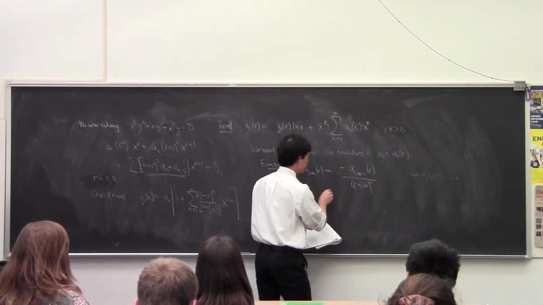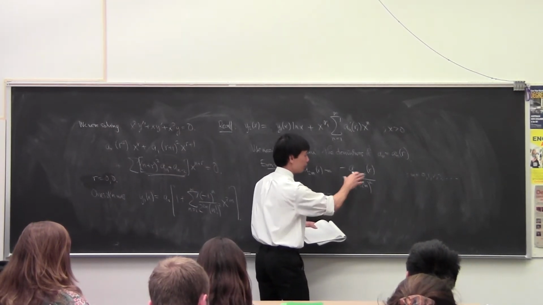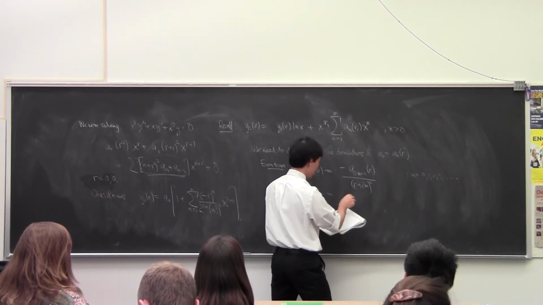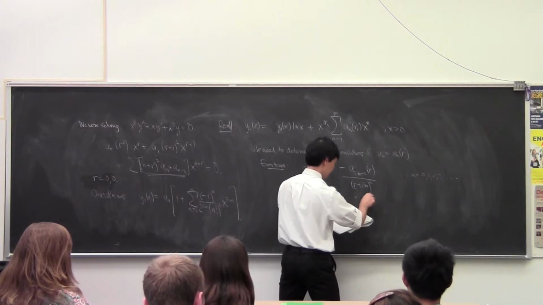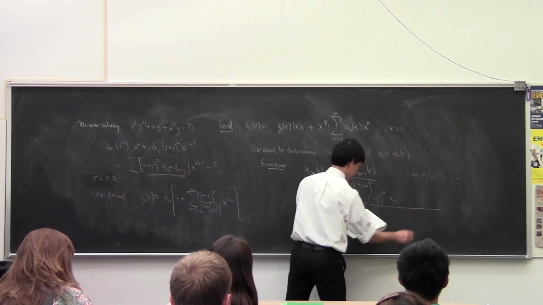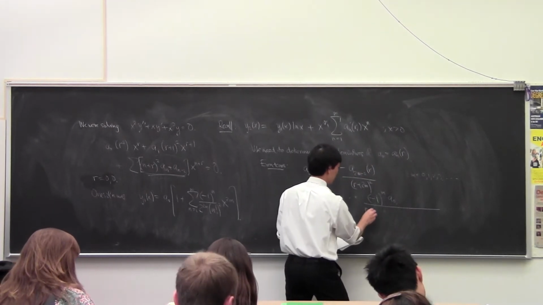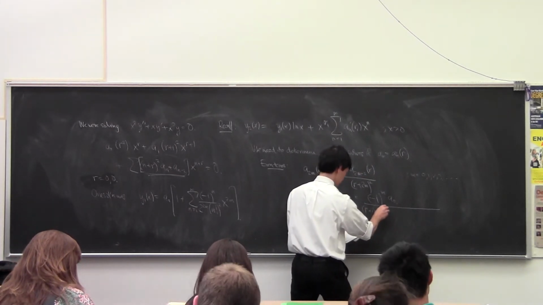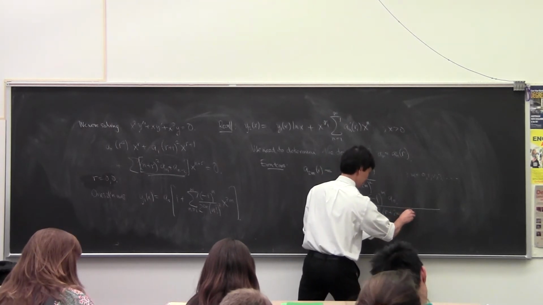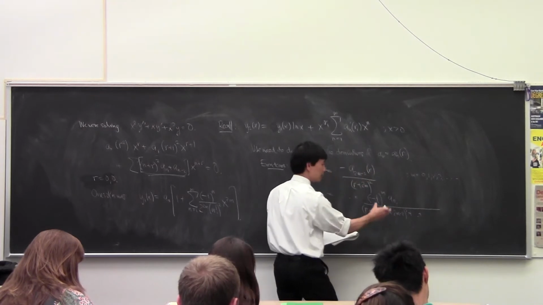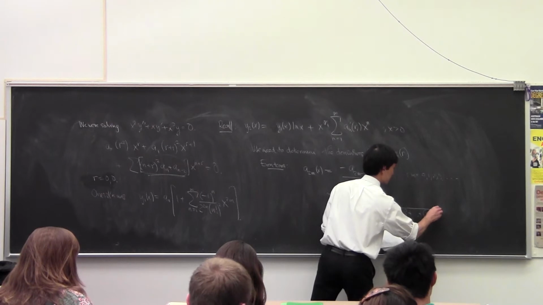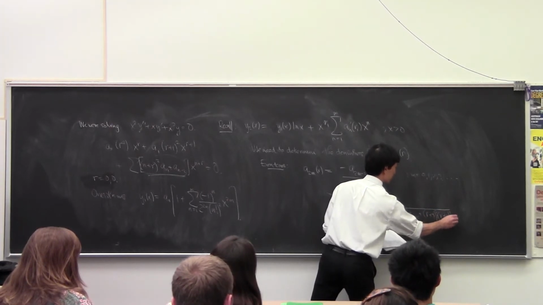Then, as usual, you step down m steps, and at the bottom you get that this is going to be -1 to the m times a naught over (r plus 2m) squared (r plus 2m minus 2) squared, and then subtract by 2 all the way down till you get (r plus 4) squared and (r plus 2) squared.